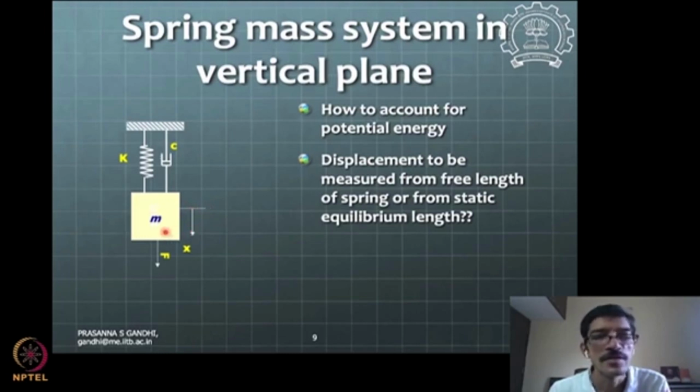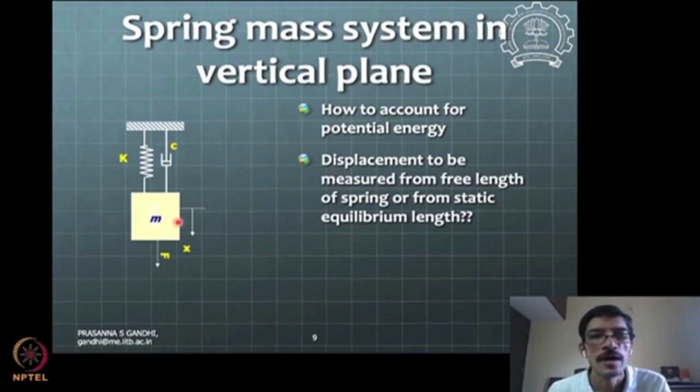You know from Newton's formulation also that the additional effect of the gravity force will not come into the picture, because the initial balance of the spring force is already balancing the mass. Once that balance happens, whatever displacement happens beyond that is exactly the same as in the horizontal version of the system.